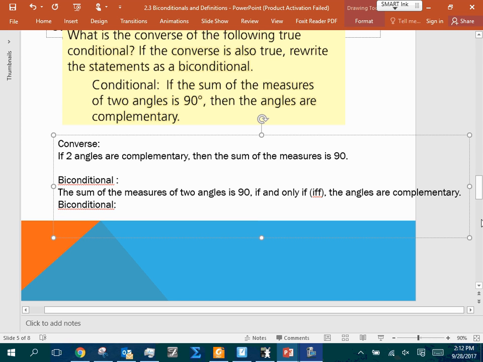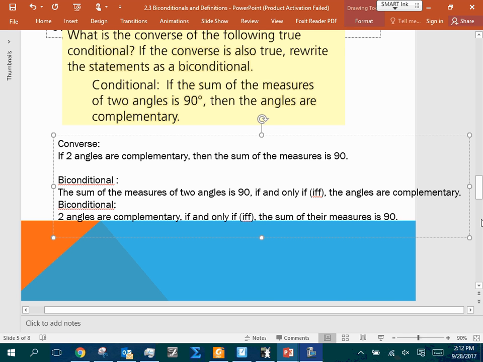I could say two angles are complementary if and only if the sum of their measures is 90.